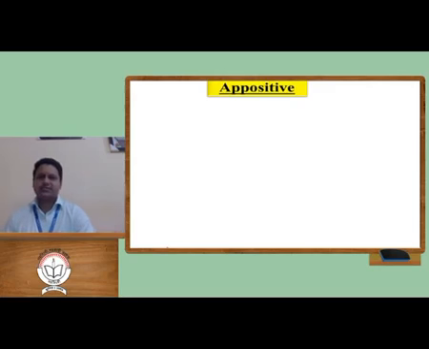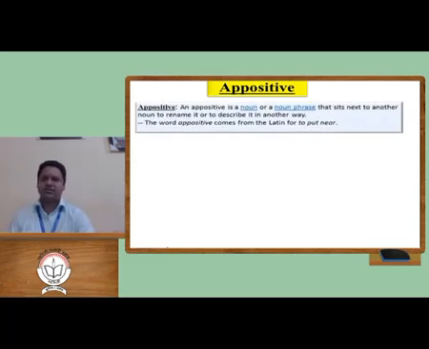At first, I am going to start with appositive. Do you know what is appositive? Let us see the definition of appositive. An appositive is a noun or noun phrase that sits next to another noun to rename it or to describe it in another way.